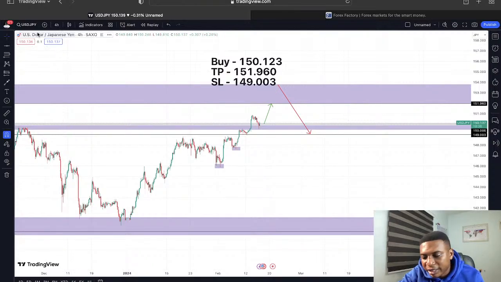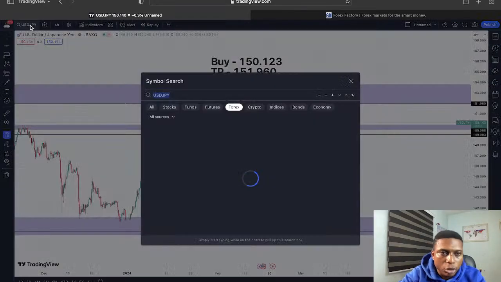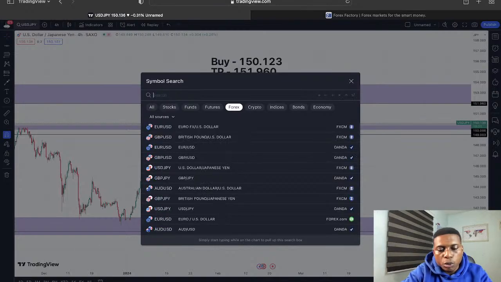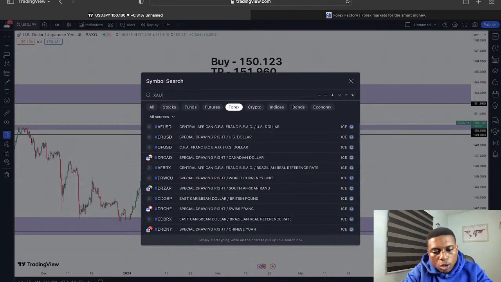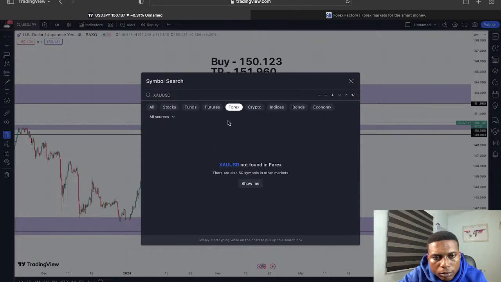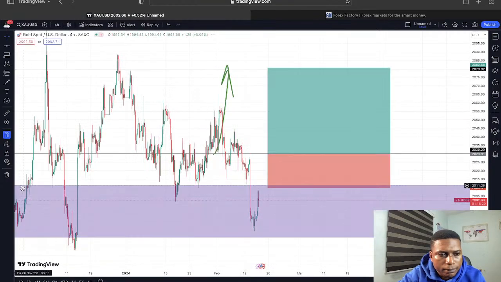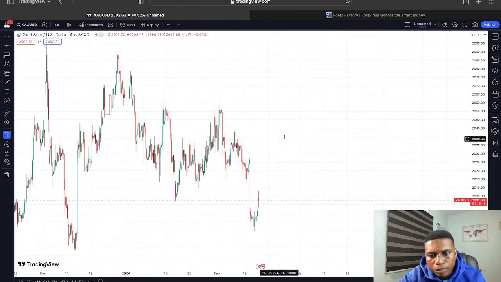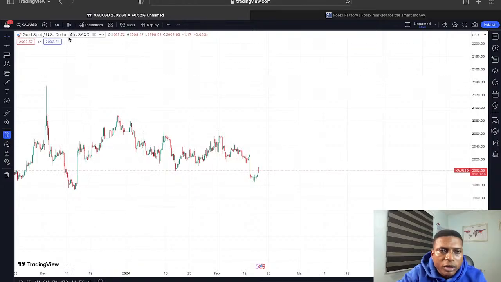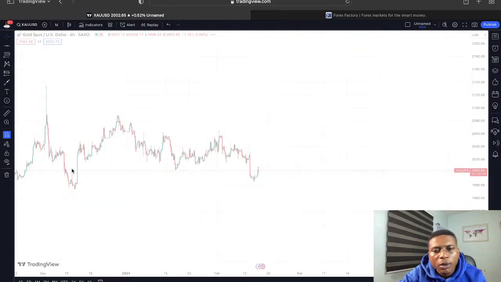Awesome. I can see two people saying check gold, check gold. All right, so let's do a quick stop buy at gold. Okay, so a quick one from the monthly time frame.